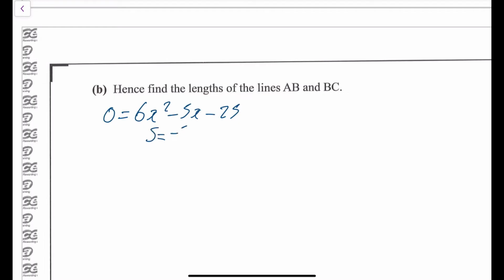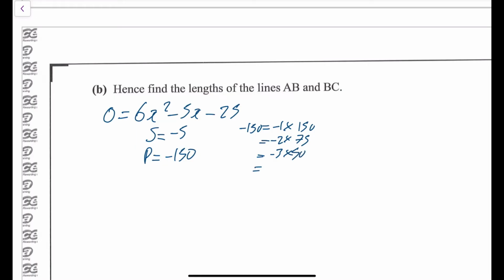You could use your quadratic formula, but my sum is equal to minus 5, my product is equal to minus 150. And the two numbers that work, let's just go through how we do that. Well, minus 1 times 150, minus 2 times 75, minus 3 times 50. What else we got?